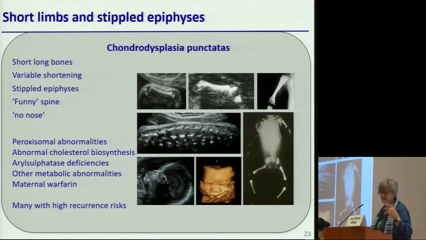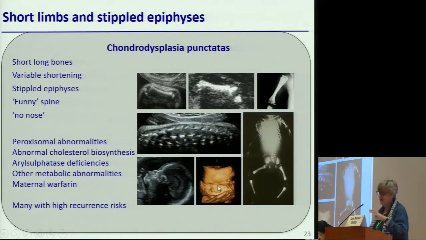And indeed, I was once out of the unit, and one day one of the visiting fellows phoned me up and said, "Lynn, I've got this baby which has got a funny spine, and it's not a neural tube defect. It's got short limbs, and I don't think it's got a nose." Well, I said, just look closely at the long bones. You'll see the stippling of the epiphyses. This is chondrodysplasia punctata. And here you can see the profile, very flat, no nose. They have very depressed nasal bridges here.